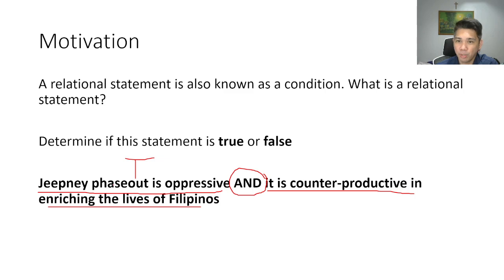It might be an opinion, but I honestly believe that the statement is factual. So the first statement is true, and the second statement is also true. Now, how will we be able to know the overall truth value of the sentence? Later on, we will answer that question.